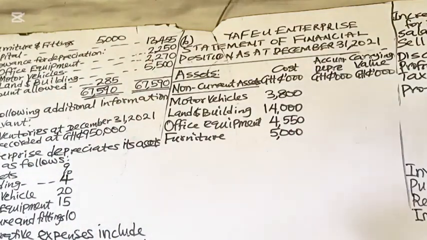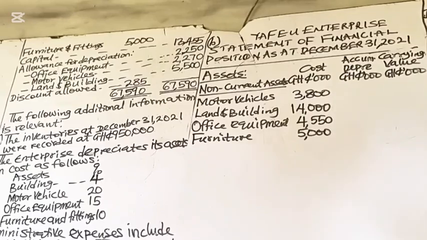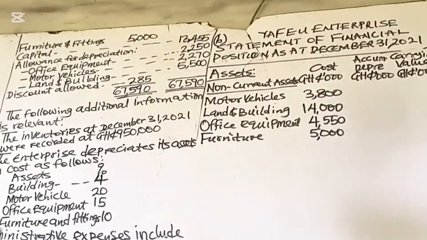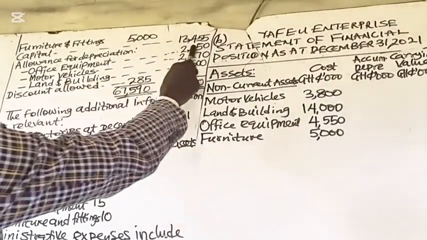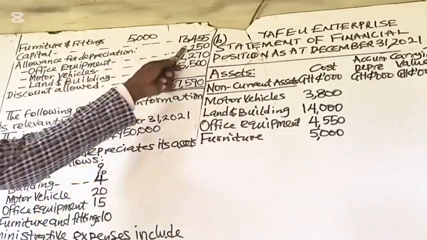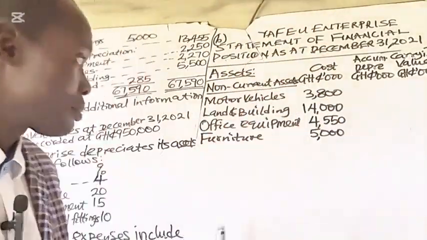Then, if you go through the same trial balance, you will see the accumulated depreciation. The accumulated depreciation in respect of office equipment is 2,250. This 2,250 given in the trial balance is the depreciation charge for the prior year.